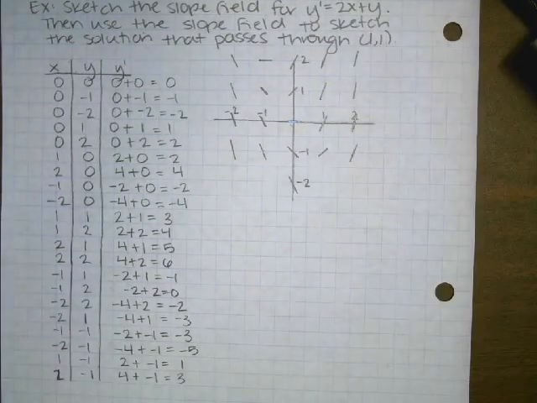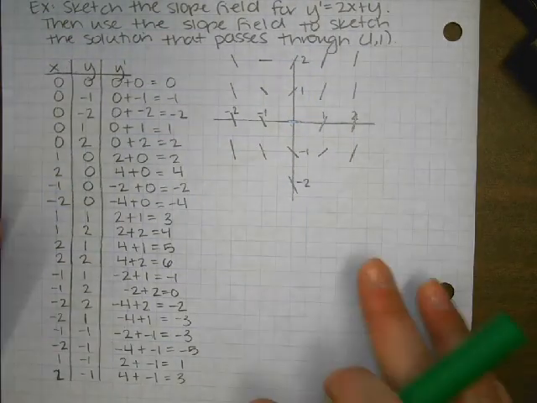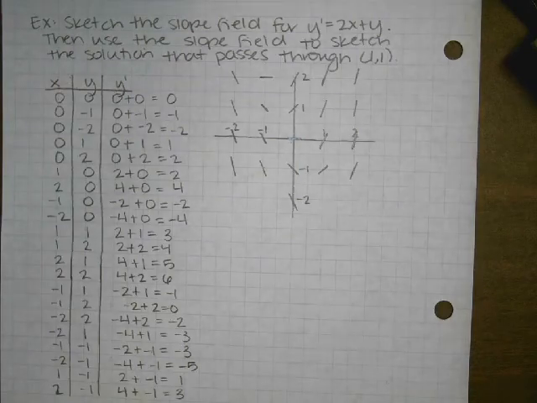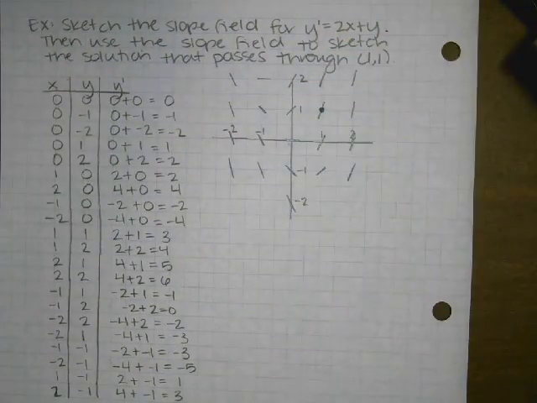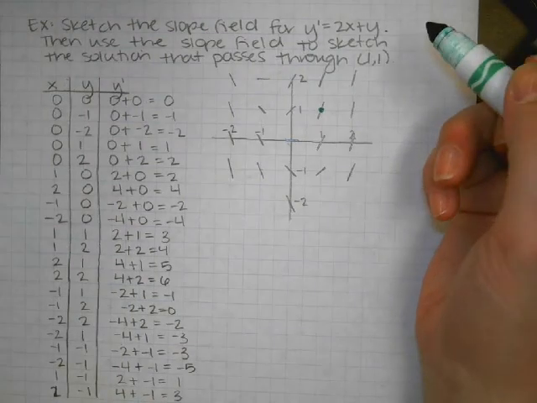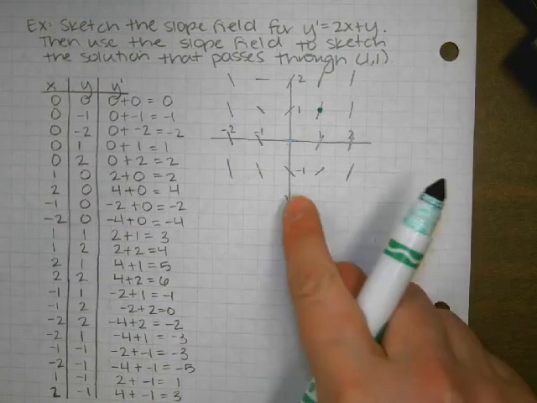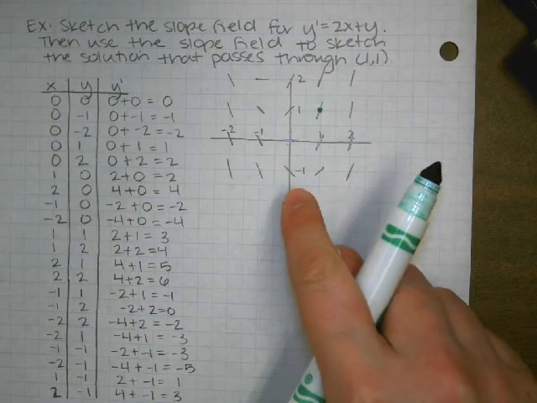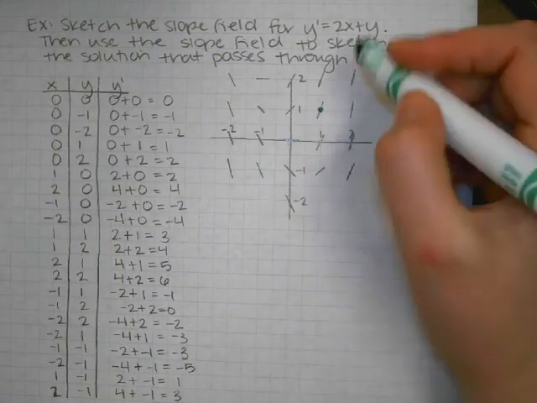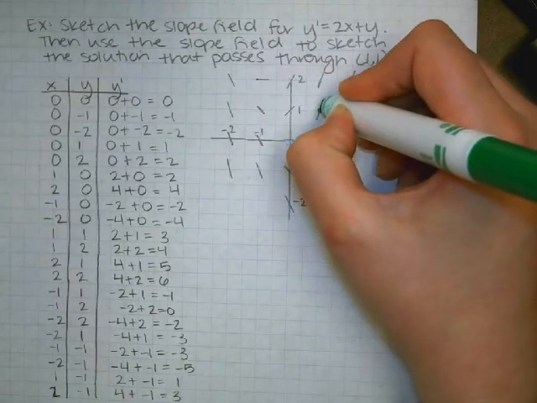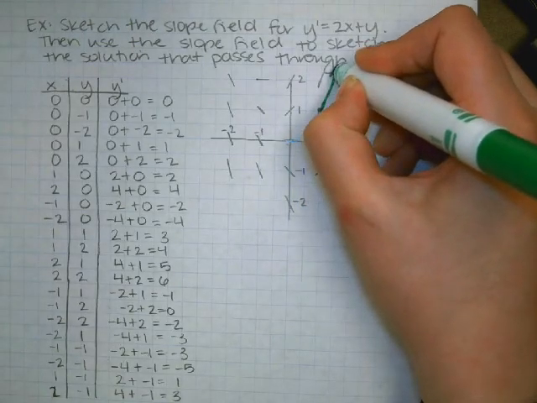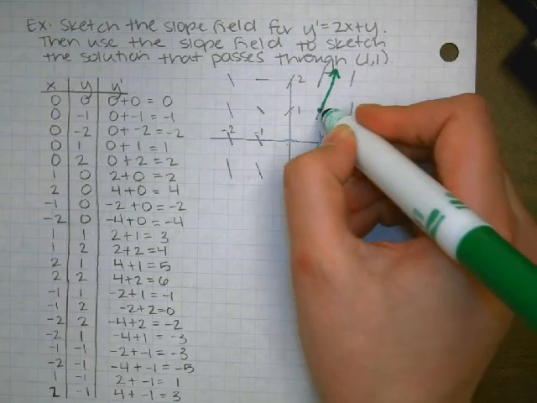Okay, so if we want to sketch the solution through the point 1, 1, the point 1, 1 is right here. And so what we do is we say that if we could have lots of other little slopes in here, what it means is you let your line follow these slopes so that your line has the slope that's represented as you get closer to these.